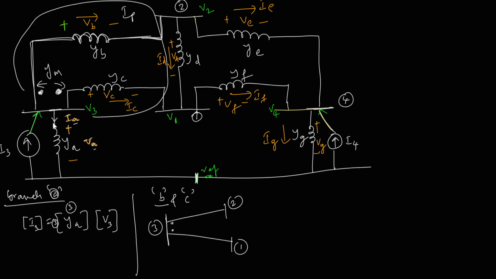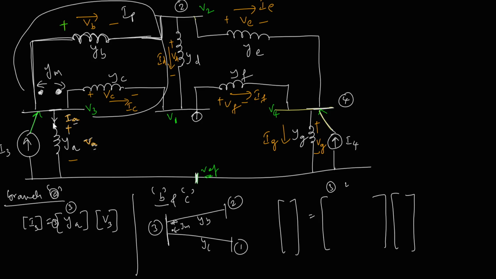This is YB, this is YC, and let us assume this is YM. What is the building block for this one? B is 3 2 and C is 3 1.